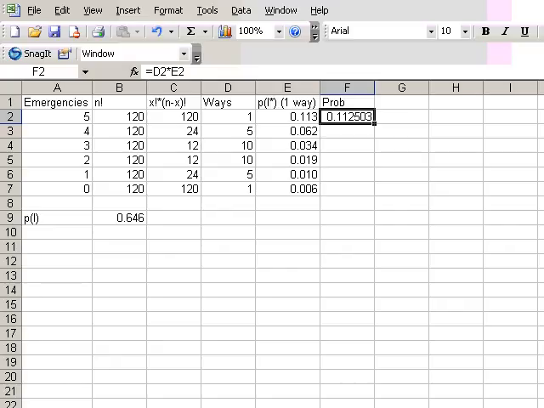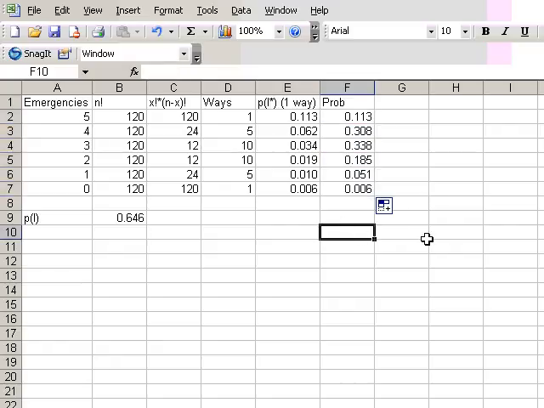And again, I'll reduce the number of decimal places. And when I click this all the way down, we see the probability for 5 emergencies out of 5 visitors, 4 emergencies, 3 emergencies, 2 emergencies, 1 emergency, or 0 emergencies.